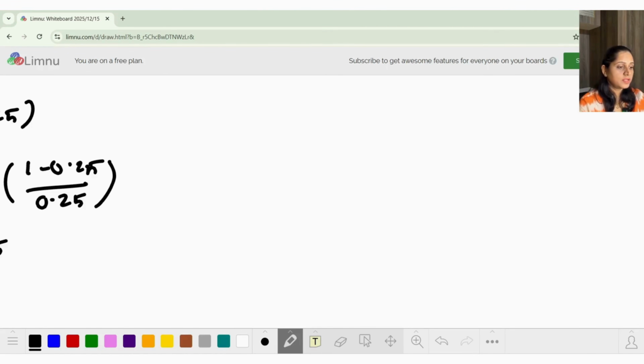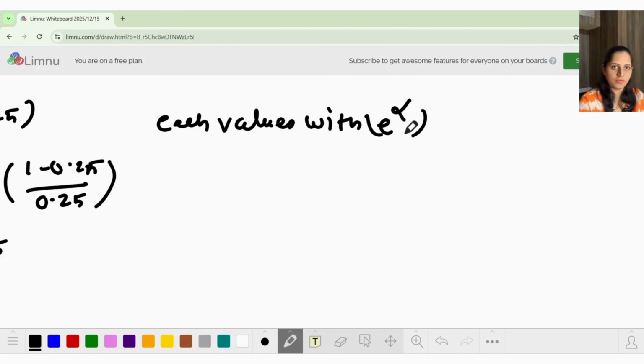What we understood is that whatever weights we are going to get will be updated, and it is going to multiply each value with e to the power alpha. We understood that point, right?